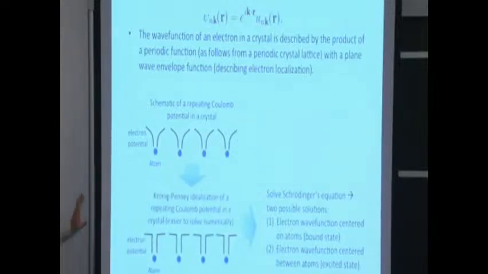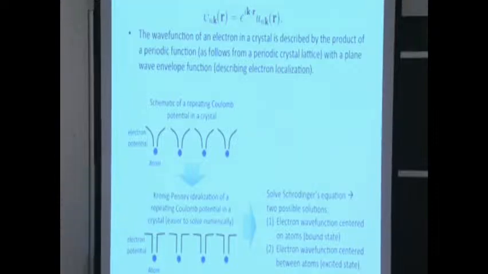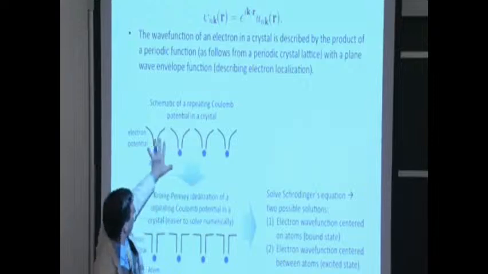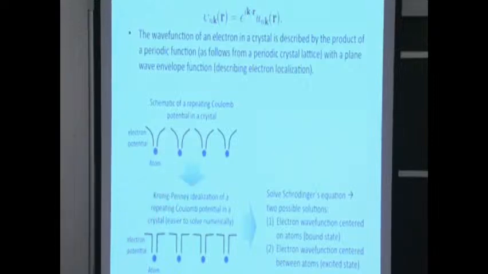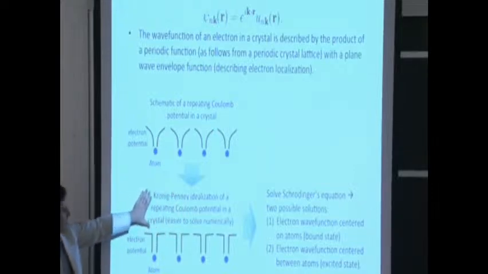Right? And so the wave function of the electron can be described as this combination or product of the wave function of a plane wave and an envelope function describing the electron localization. So you have this localized function here and the delocalized function describing the plane wave behavior of the electron as it moves through space inside of the crystal.